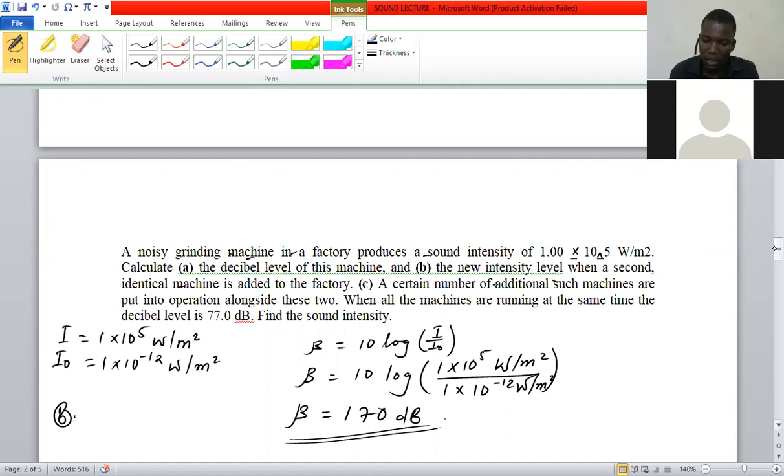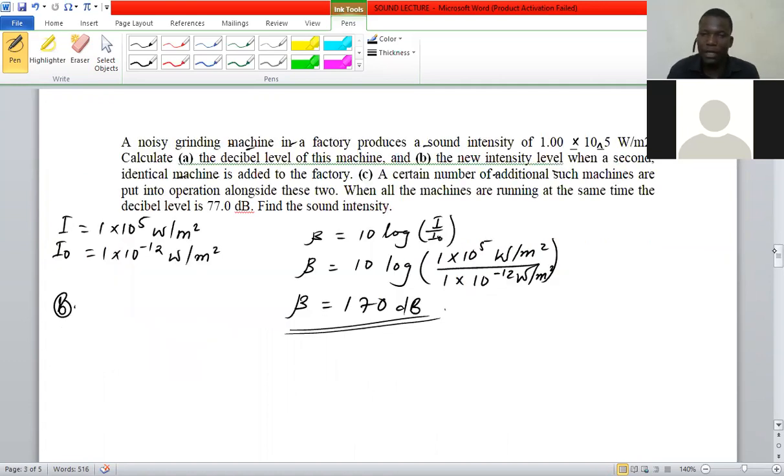Now what happens when the new machine has been added to the factory? The intensity is going to increase.